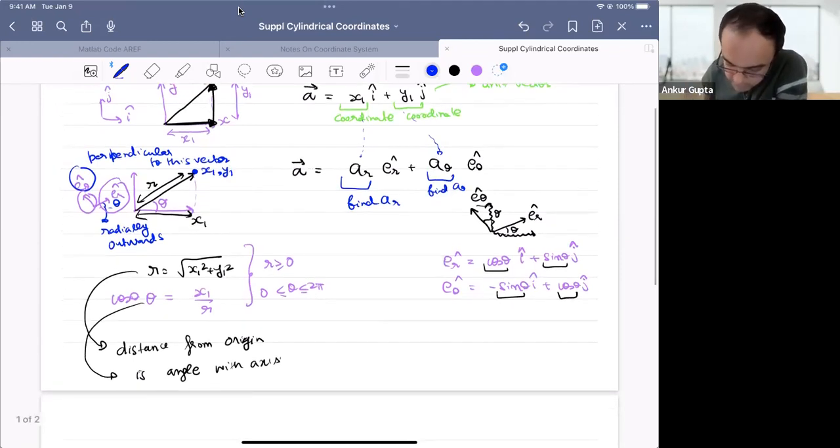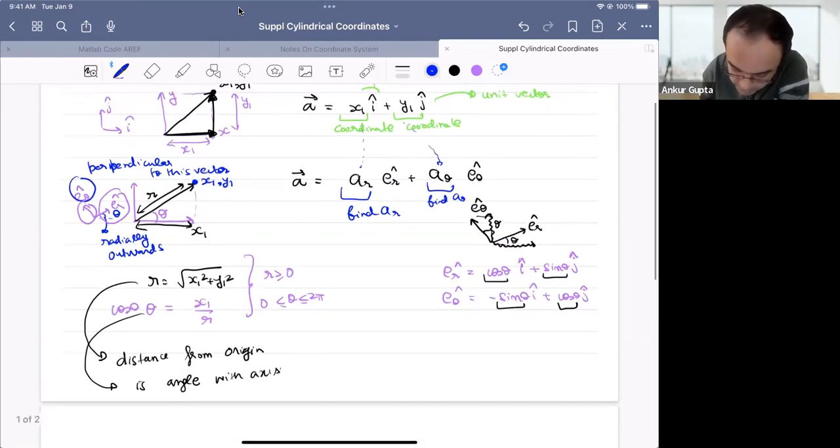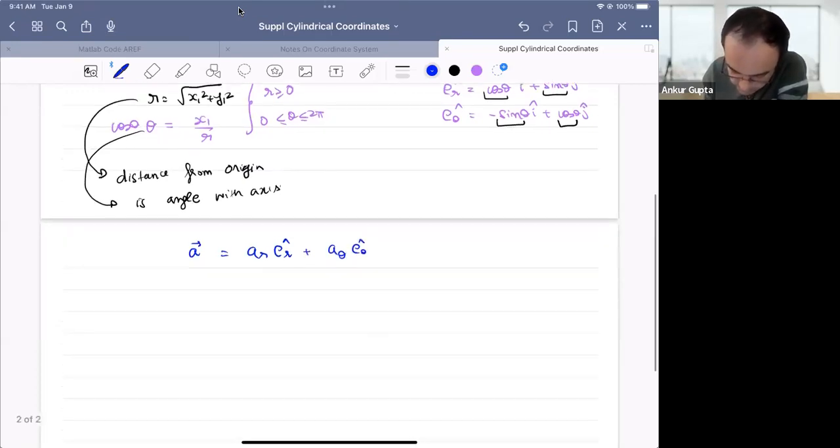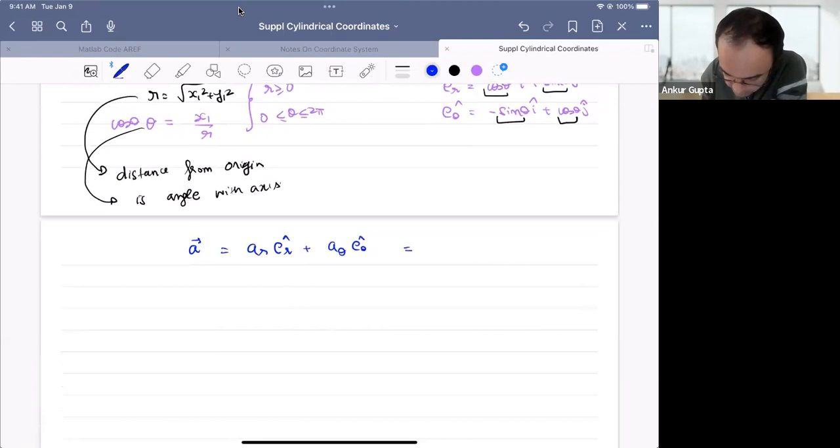What I really need to do is decompose, because I want to compare these values. So I should decompose my values into i hat and j hat. So now vector A is equal to A_r e_r hat plus A_theta e_theta hat. Now this is also equal to x1 i hat plus y1 j hat. This has been given to us. Now I want to be able to compare.